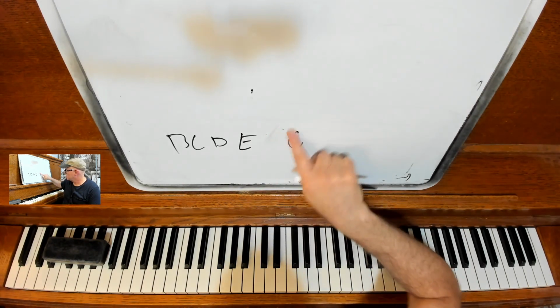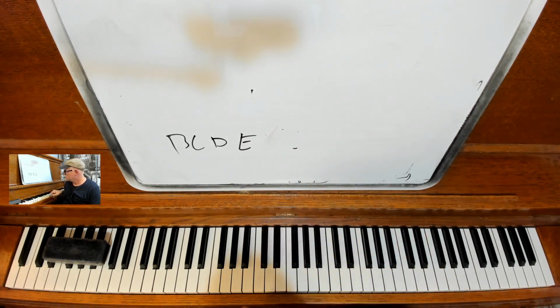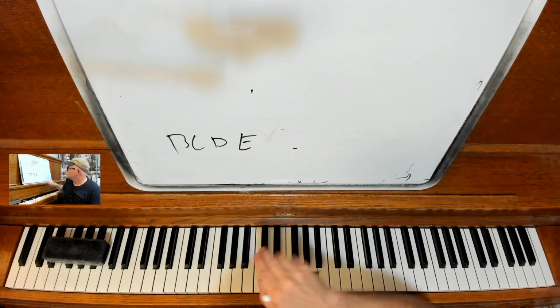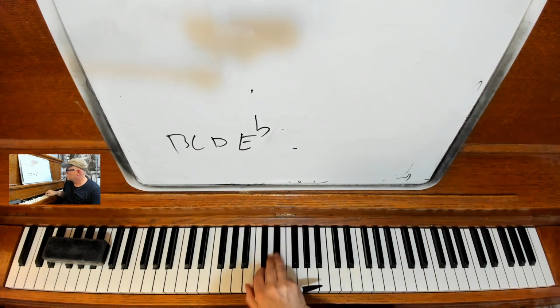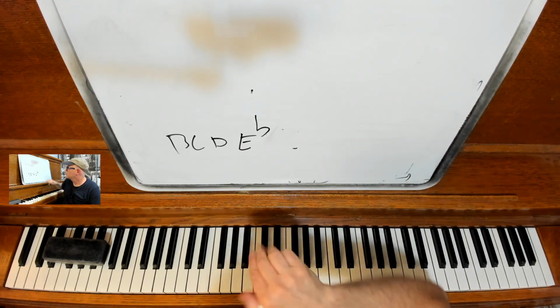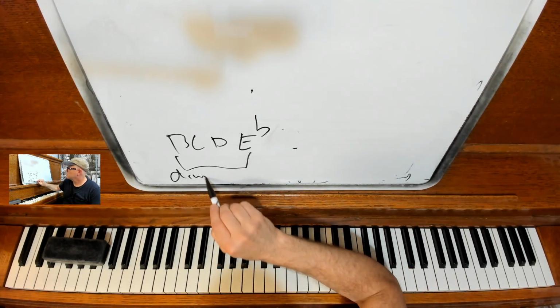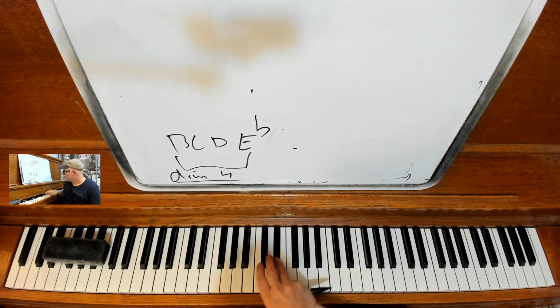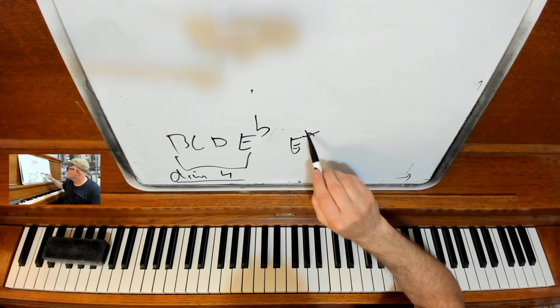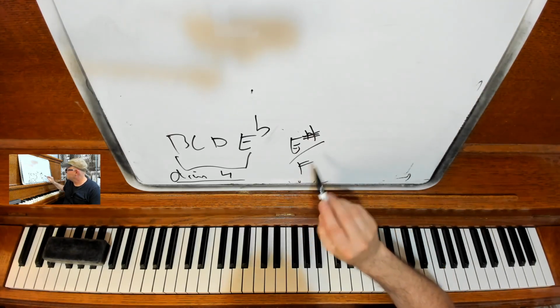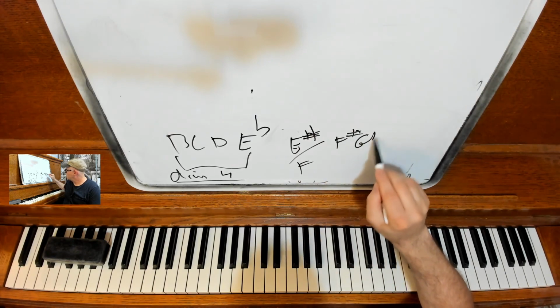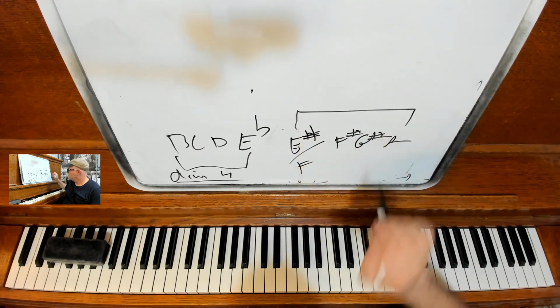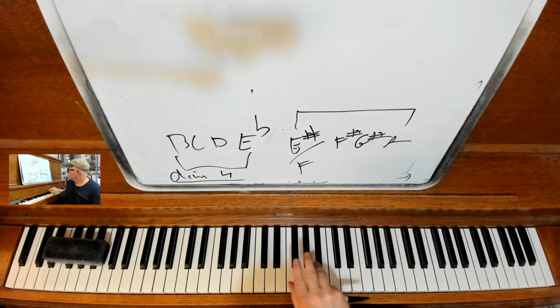So here's the first tetrachord: B, C, D, E flat. Looks like a D sharp, but it's not. That's the first diminished fourth. That's the diminished tetrachord. And then if I go up a whole step: E sharp, F sharp, G sharp, A. E sharp, enharmonic spelling, also known as F. E sharp, F sharp, G sharp, A. And that is also a diminished fourth.